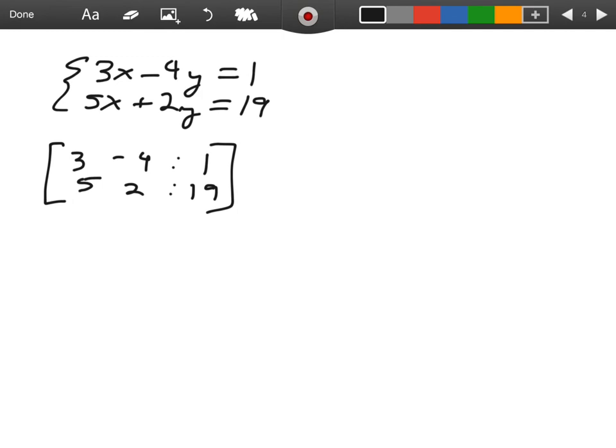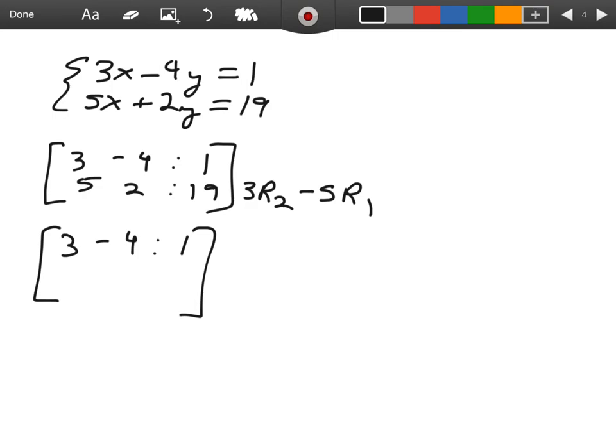I'm going to take 3 times row 2 and subtract 5 times row 1. I make that note to myself and put it beside row 2, because that's the row I'm replacing. The top row I'm not changing, I'm just using it. It's the second row I'm changing.